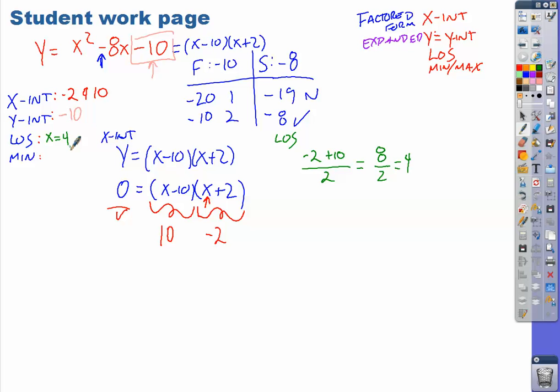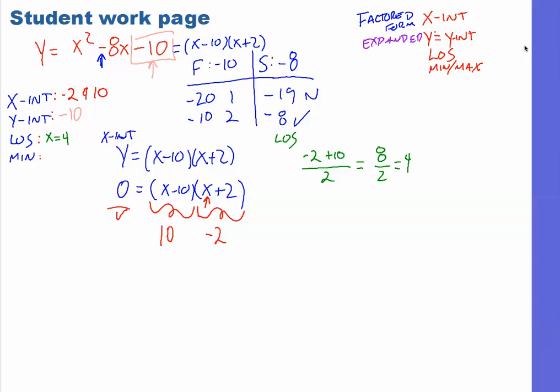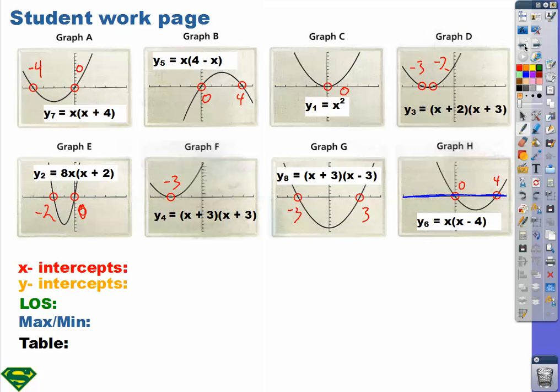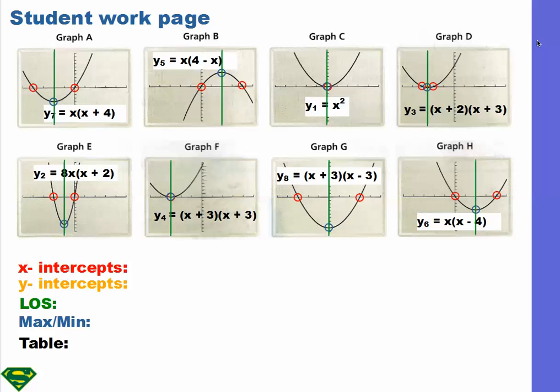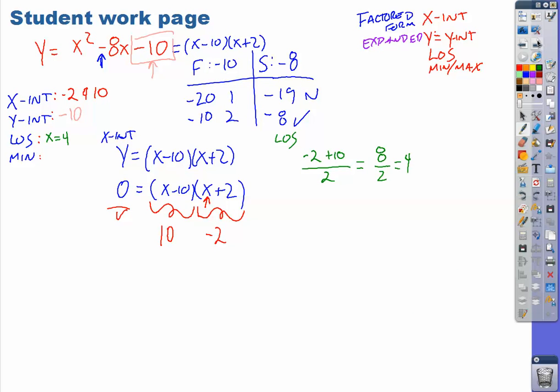Finally, you'll remember that when we looked at our graphs, so here's our line of symmetry, the maximums or minimums only occur along that line of symmetry. So that means that the x value for your minimum has to be the same as the line of symmetry.